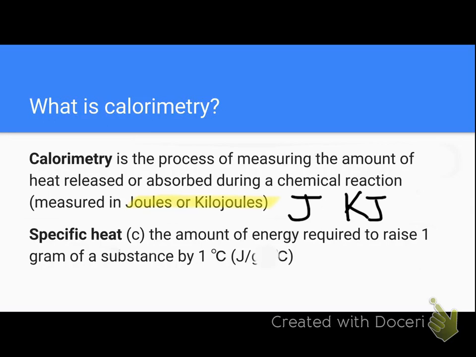I'm going to try and clean this up for you a little bit here. Joules per gram times degree C is what that says. So if I had 1 gram of water and I wanted to raise its temperature from 50 degrees Celsius to 51 degrees Celsius, I'm taking my 1 gram of substance and increasing it by 1 degree Celsius.